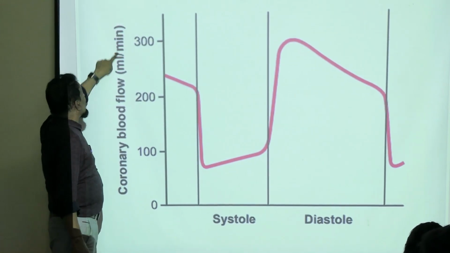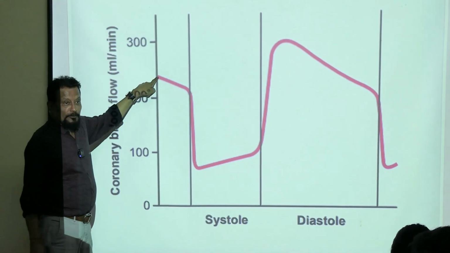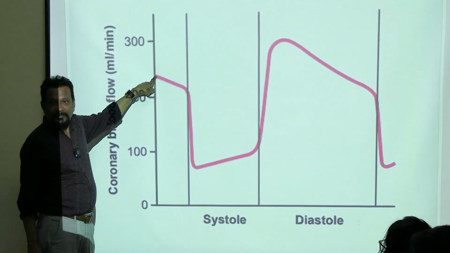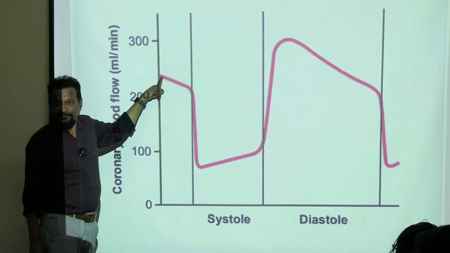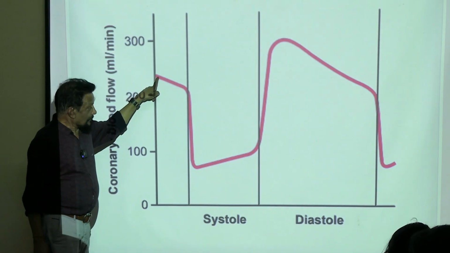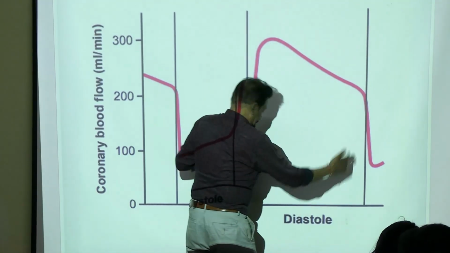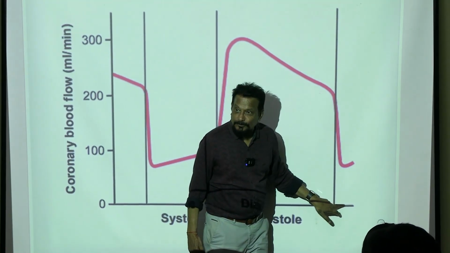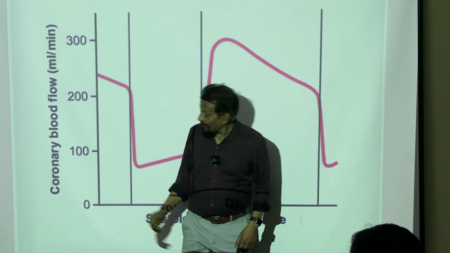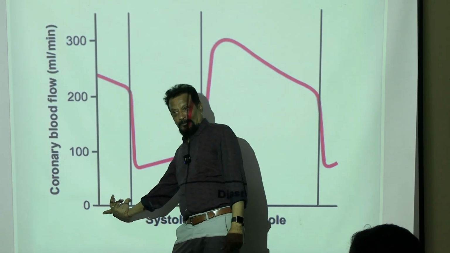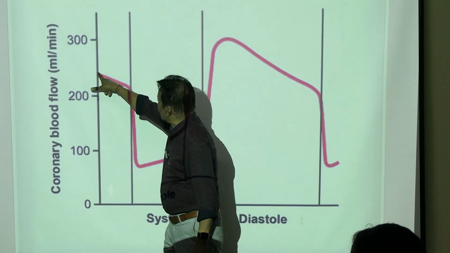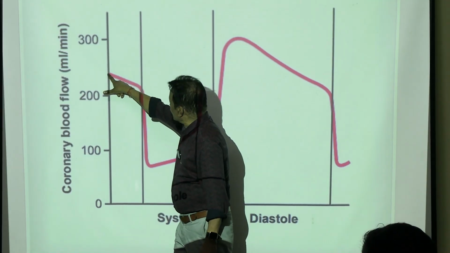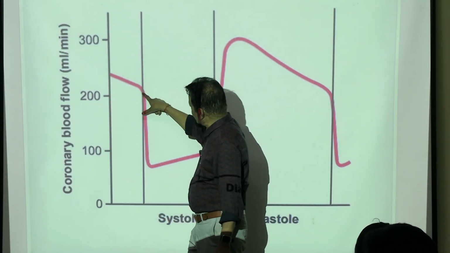Okay. Now see, coronary blood flow in ml per minute. We calculated and said 225 ml. So this is approximately 225 ml. At the end of systole, again diastole will start. During the diastolic part, from 225 it is coming down.